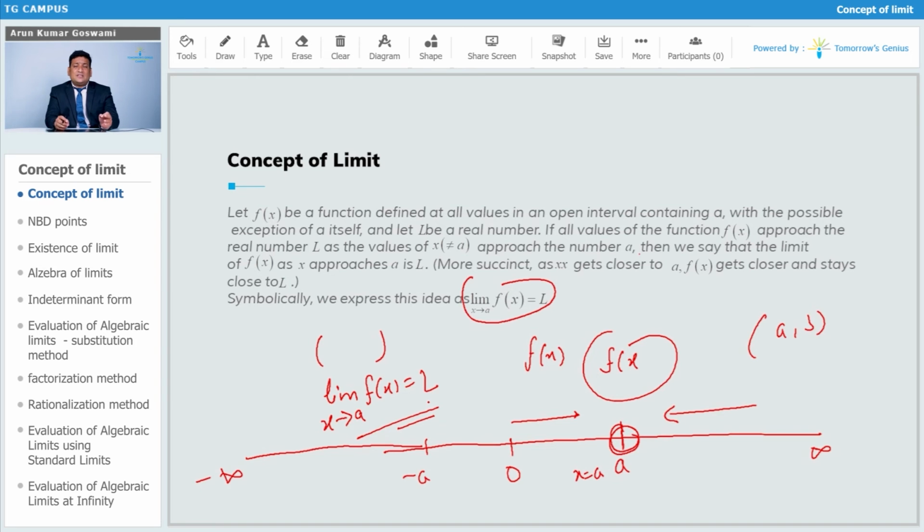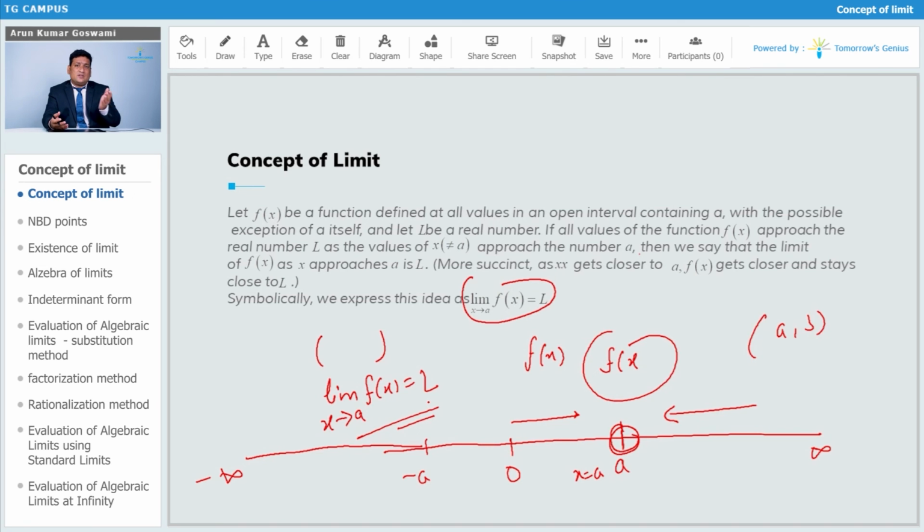I'm not saying at x is equal to a, but when x is approaching a, we are going to get some finite value. Okay, so this is the concept of limit. Basically, when a real number x is approaching some value, my function will approach some real number.